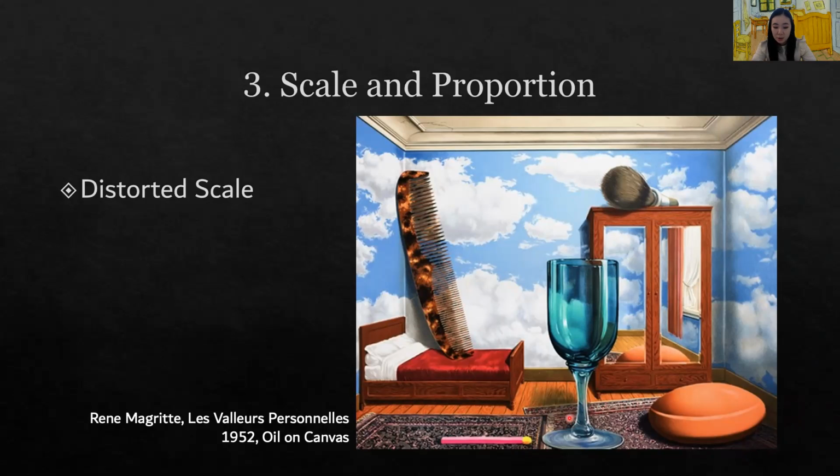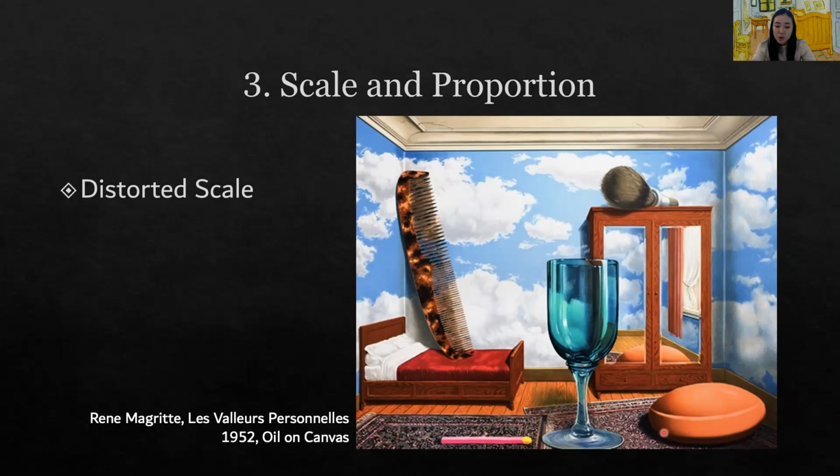There's a room, and we can see furniture like a bed, a closet, and also a carpet on the floor.